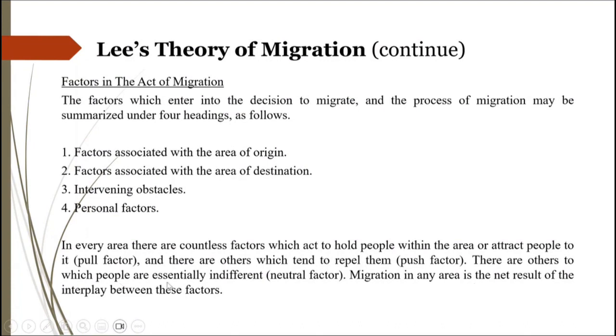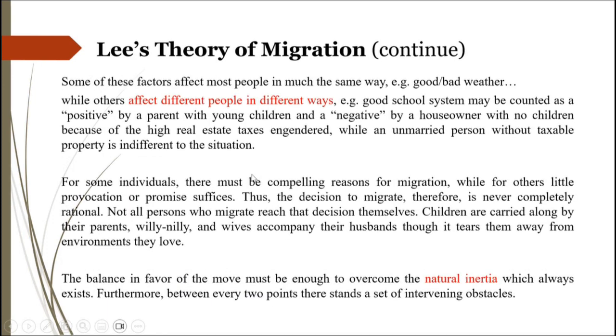Then of course there are other people who are actually indifferent or neutral. Region or area, net migration in any area is a net result of the interplay between these factors. It's a pull and push factor, right? We see some of these factors affect people in much the same way, like good or bad weather.